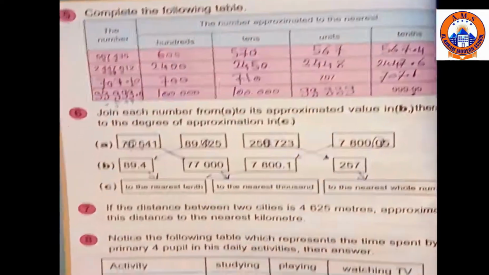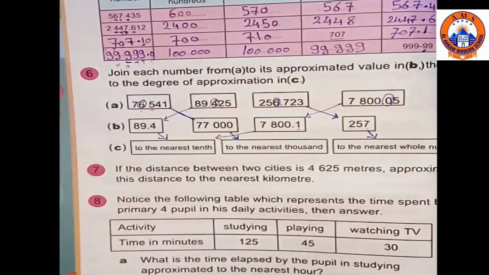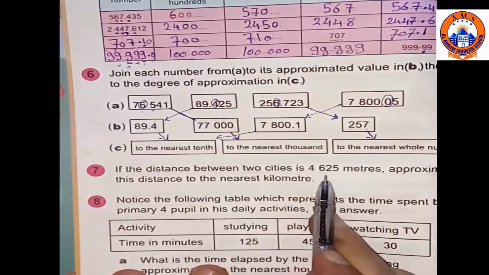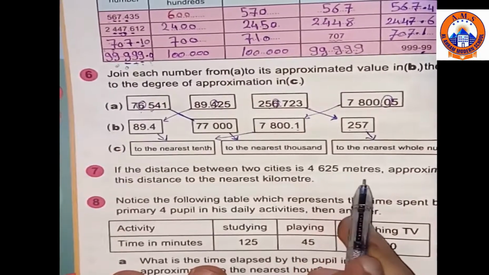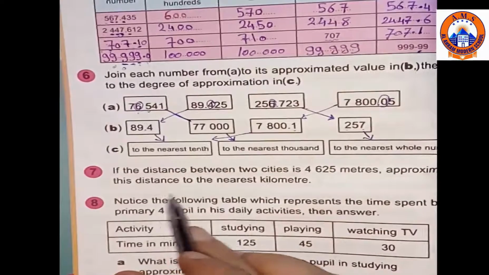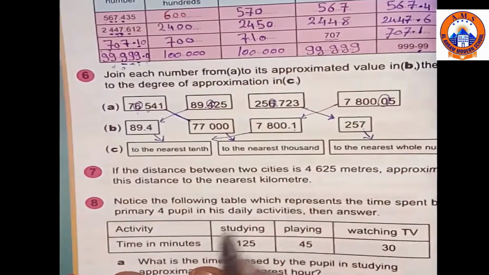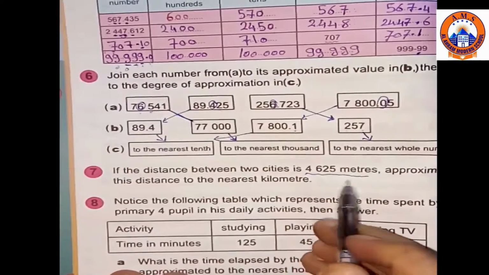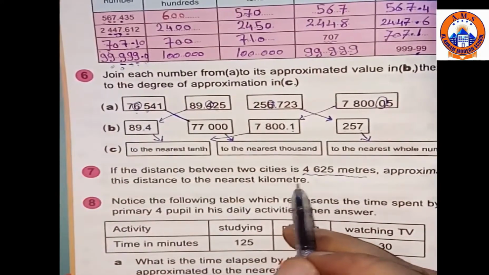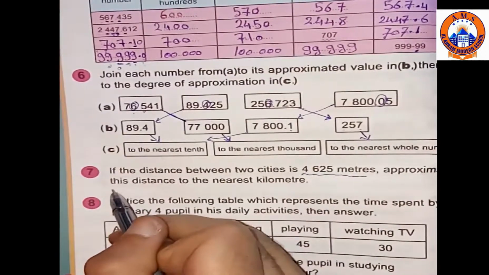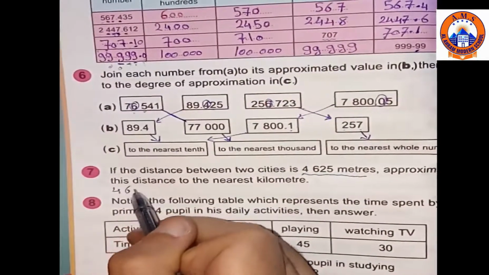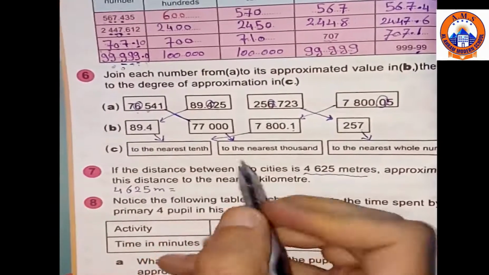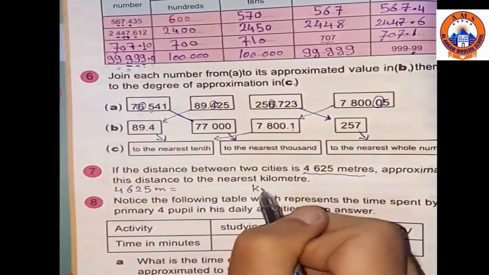The next question: if the distance between two cities is 4,625 meters, approximate this distance to the nearest kilometer. So we're gonna approximate this amount of meters to be in kilometers. First, I have to make 4,625 meters into kilometers.